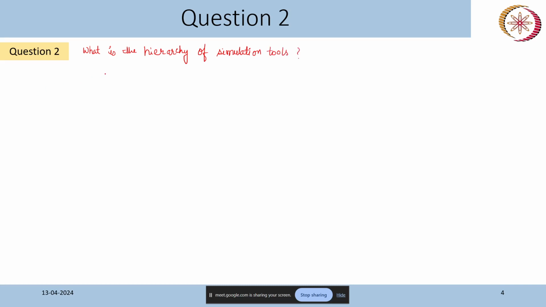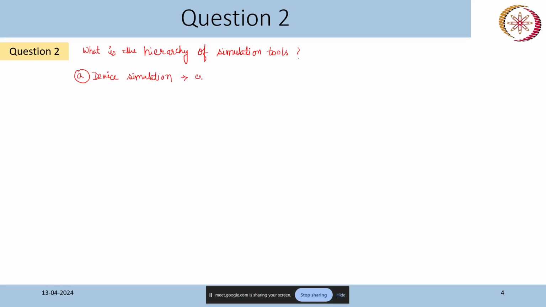So I will give a few options. First option A is device simulation, the tools that are available for device simulation.